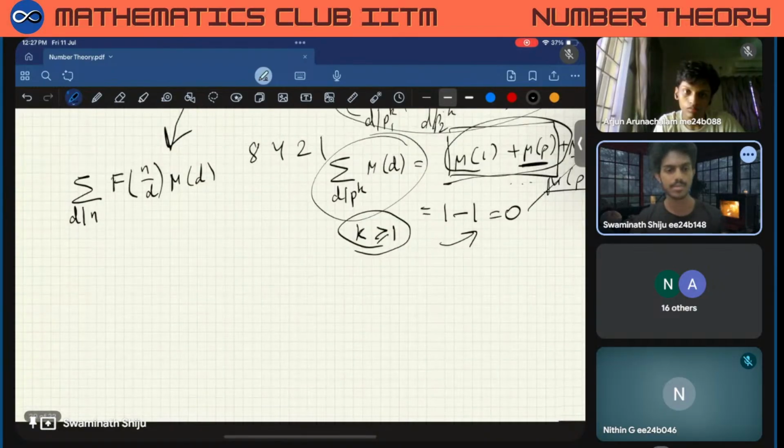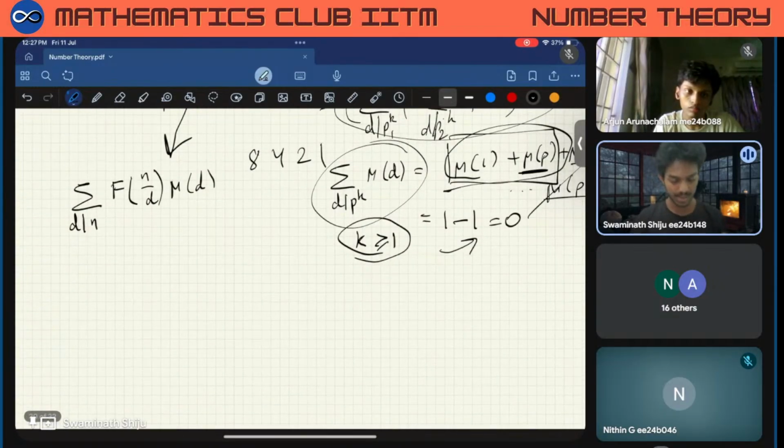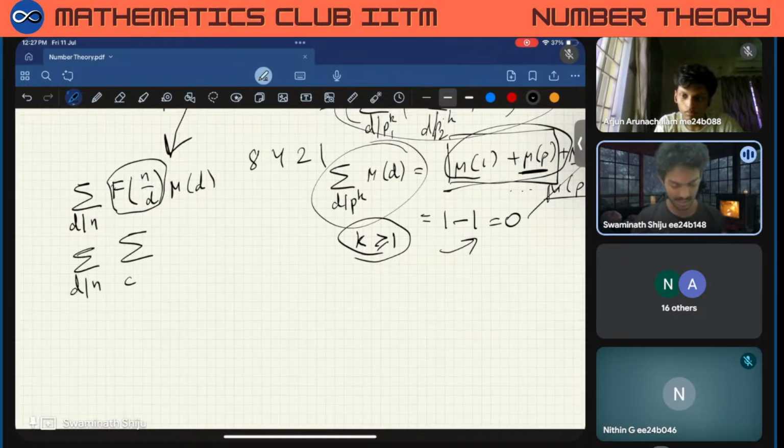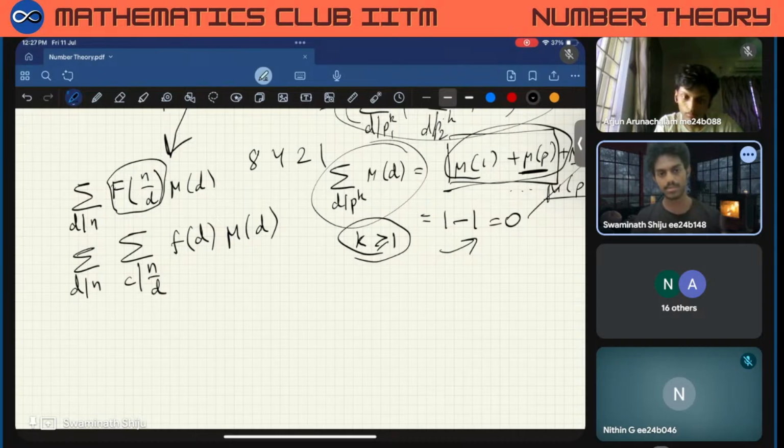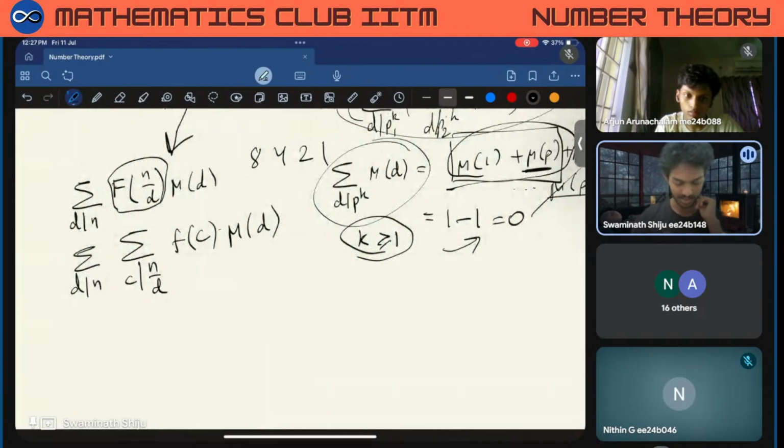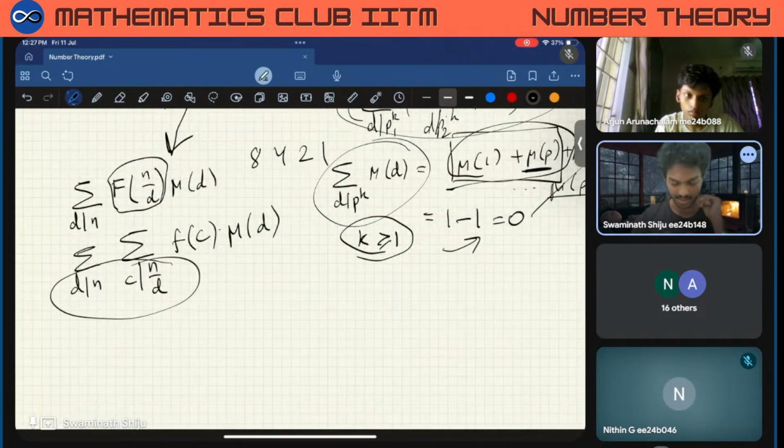right? Okay. Now what we want to do is expand capital F. So we get this, the sum over c dividing n by d of f of c times mu of d. Now here I'm going to make another important argument.